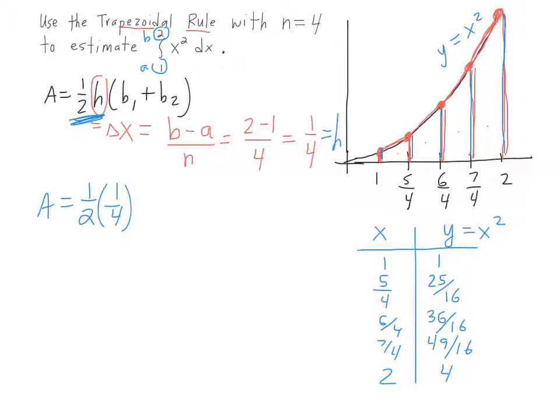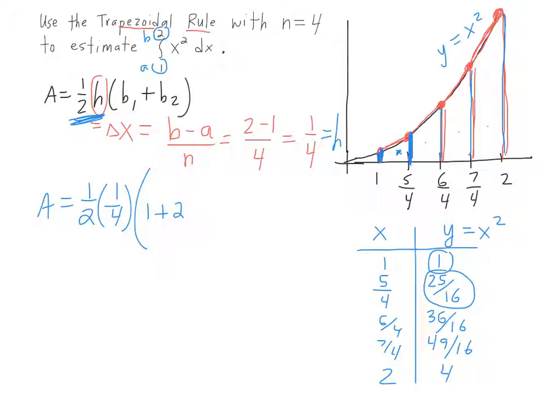Okay. Now, what we're going to do is we're going to work smart here. Let's look at this first trapezoid. We know that this height is going to get used 1 time. And so this first height was 1. Plus, now this second height, or the second base on my trapezoid, which is really 25 over 16, that's going to be used 2 times.